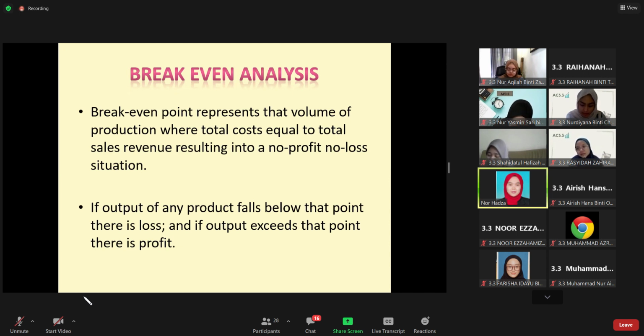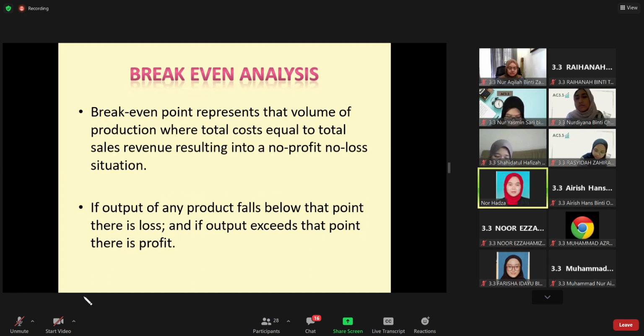So this is the point where it is very important to further analyze how many units should be sold in order to make a profit. By looking at this break-even analysis, we should also be able to look at the maximum reduction of sales that will lead to a loss.